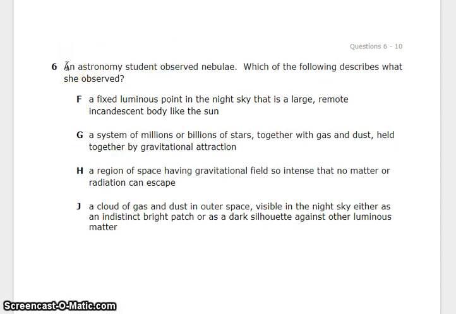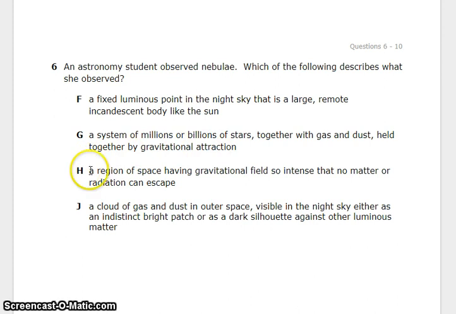Number 6. An astronomy student observed nebulae. Which of the following describes what she observed? F. A fixed luminous point in the night sky that is large, remote, incandescent body like the Sun. G. A system of millions or billions of stars together with gas and dust held together by gravitational attraction.